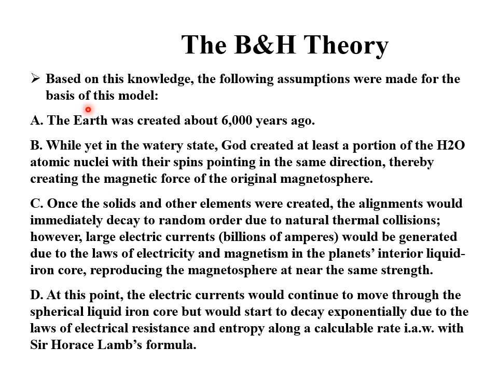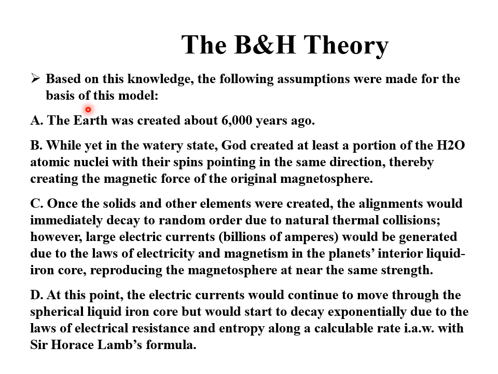The Earth was created about 6,000 years ago. While yet in the watery state, God created at least a portion of the H2O atomic nuclei with their spins pointed in the same direction. Remember, we talked about the spins of the nuclei are in all kinds of random directions in a substance, so it's not magnetic.